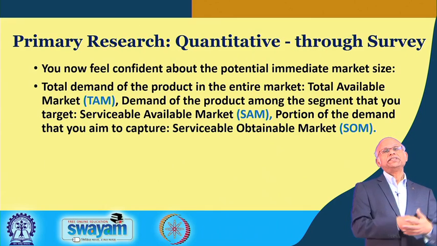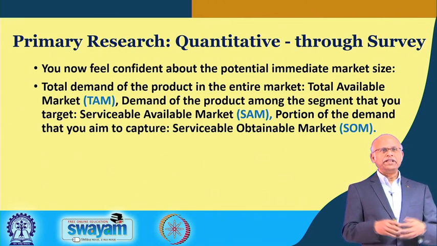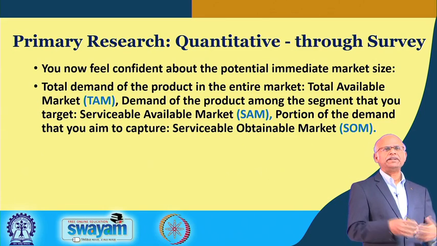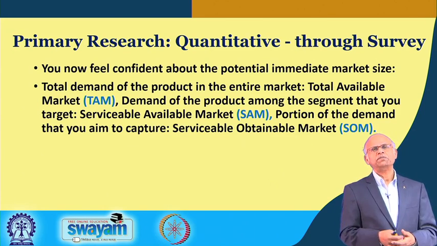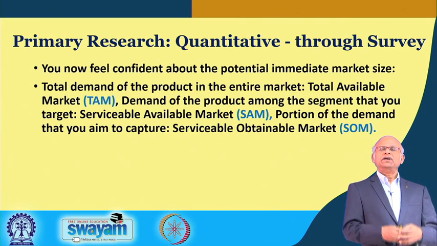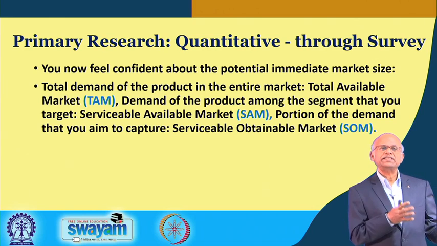So, primary research gives you an idea about TAM, SAM and SOM, meaning total available market, serviceable available market and serviceable obtainable market. How is that? Suppose you know the segment and you know the percentage of the segment.